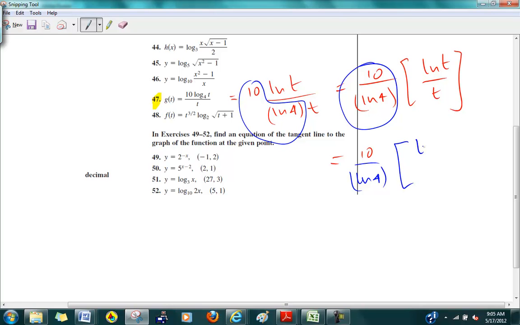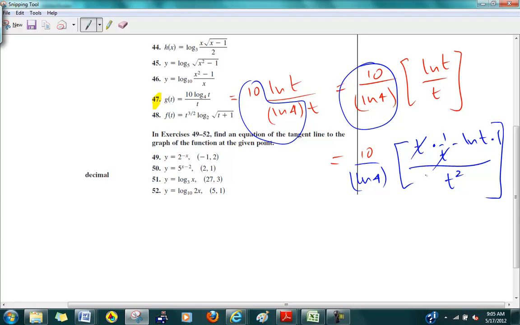So keep t, differentiate ln t: 1 over t, minus keep ln t, differentiate t. Derivative of t is 1, all over t squared.